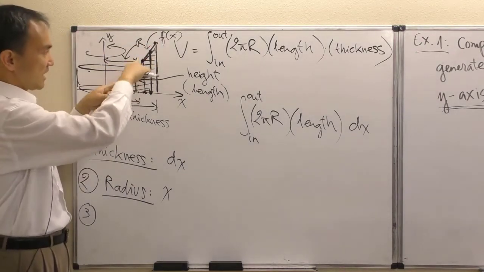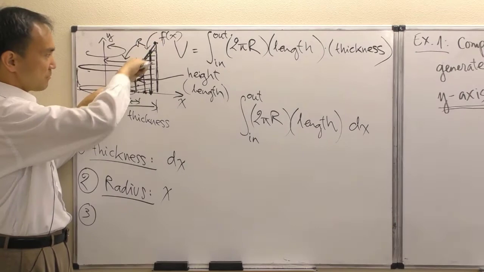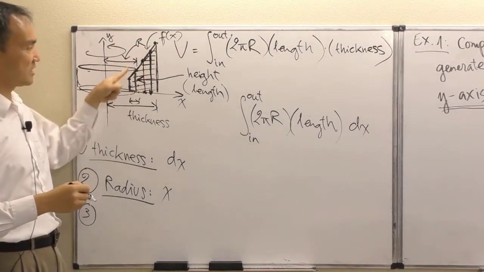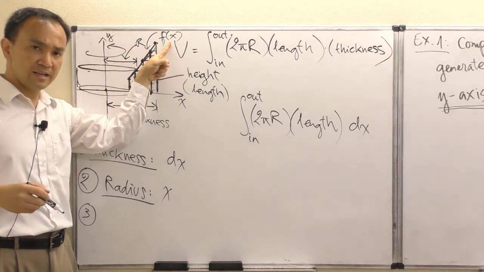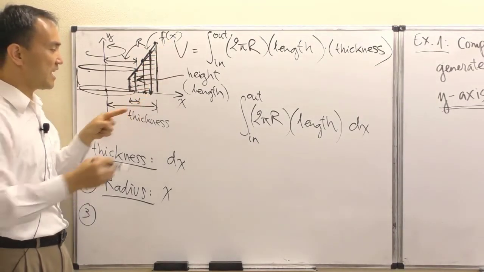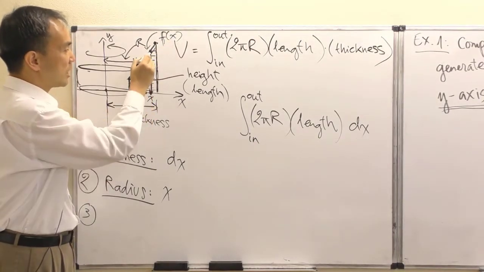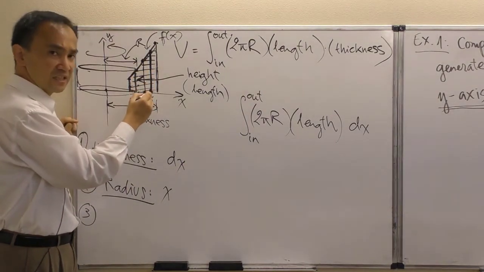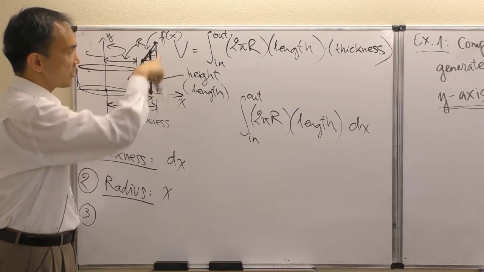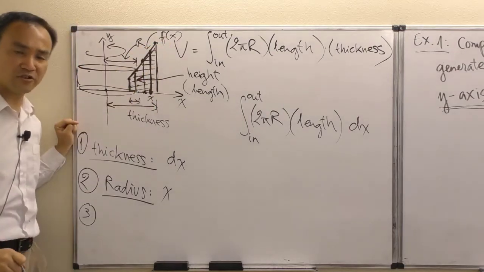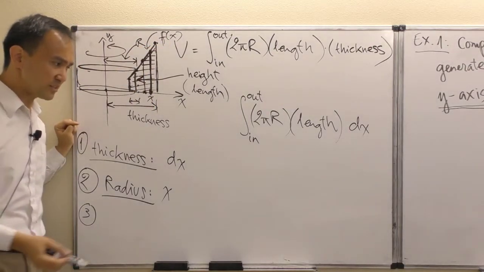That segment must be expressed as a function f of x, so that at any x value we will know that the height, which is also the height of the stripe, will be the output value of that function f of x. That should be simple enough.